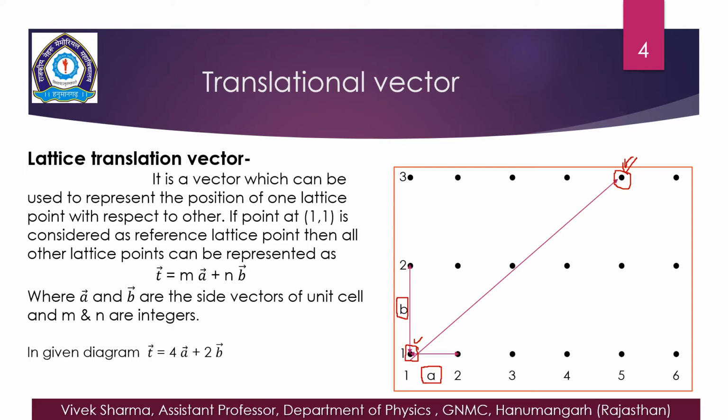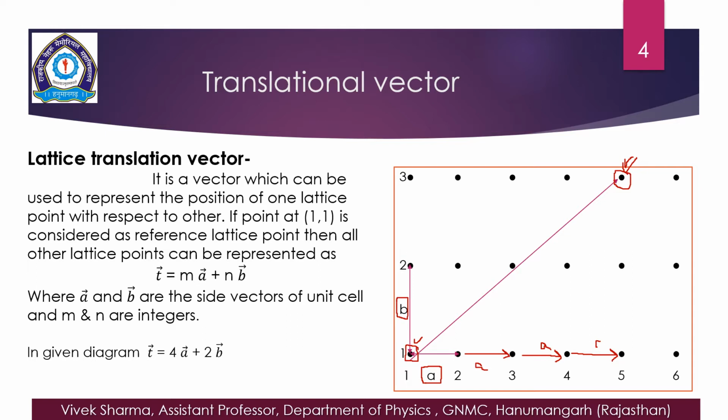if I want to represent the position of this point with respect to this origin, then I have to travel one a, then another a, a third a, just like our coordinate system, and at last a fourth.